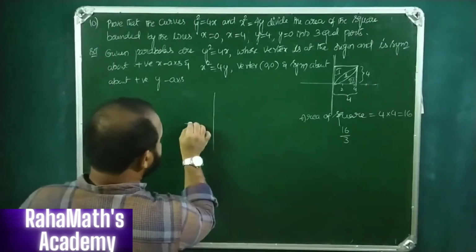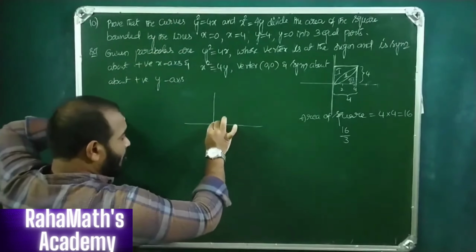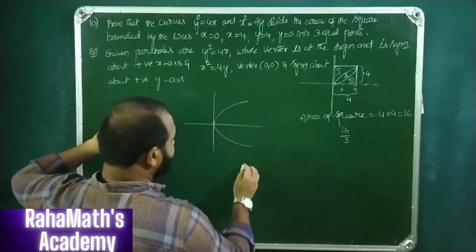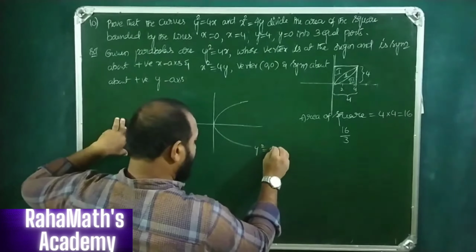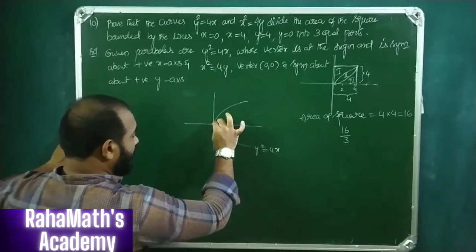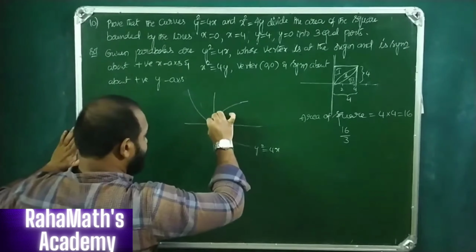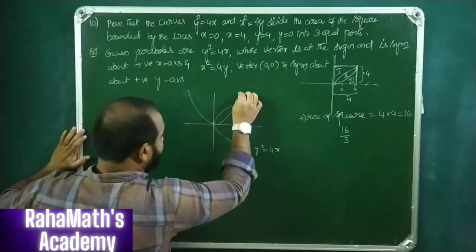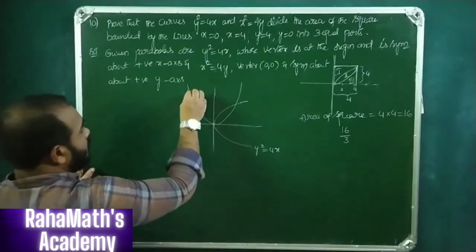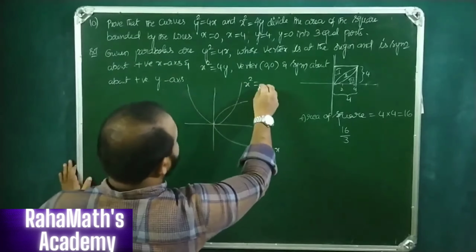That is the rough diagram. So now this is y square equals to 4x, y power even, symmetric about the x axis, positive x axis. Therefore, this is y square equals to 4x. Now, x square equals to 4y, x power even, symmetric about the y axis, positive y axis, right? So this is x square equals to 4y.